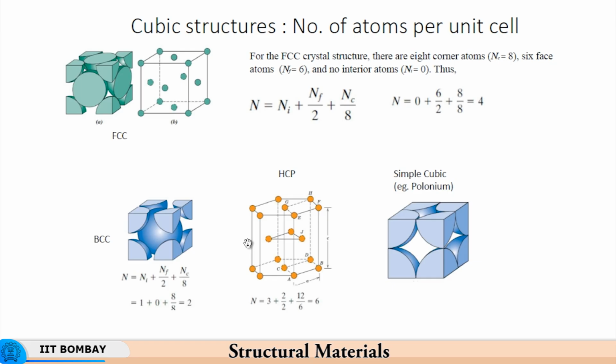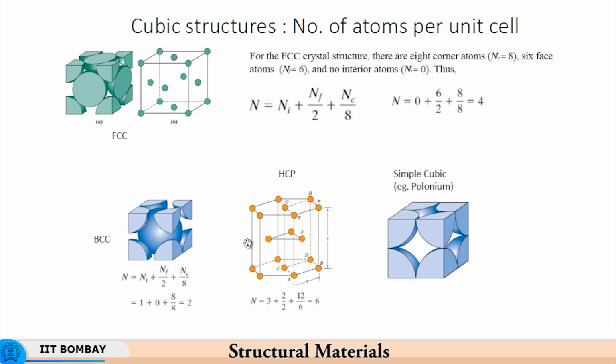And in hexagonal close packed structures, you have 3 atoms at the center, which are exclusively for this cell. So there are 3 interior atoms. Then you have 2 atoms on the face. Now this atom and that atom are shared by 2 adjacent hexagonal cells, and therefore the 2 atoms are shared by 2 cells each, and therefore you have 1 atom as a result of the atoms on the face.